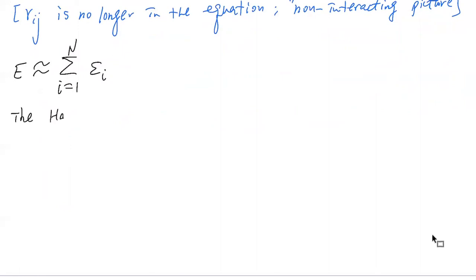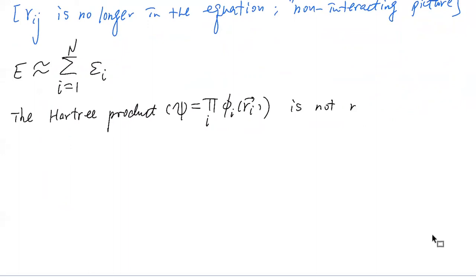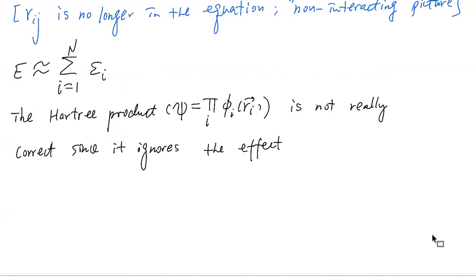The Hartree product, the psi here, is not really correct, since it ignores the effect of spin.